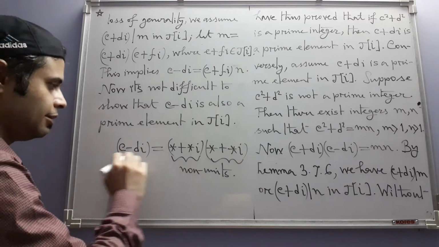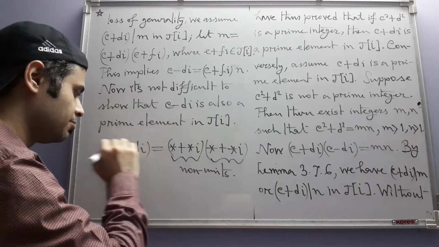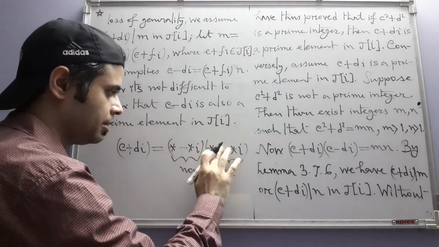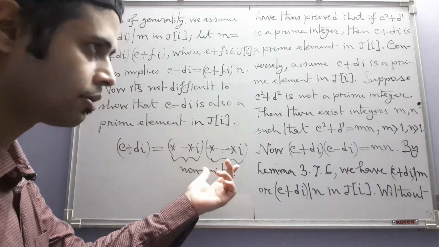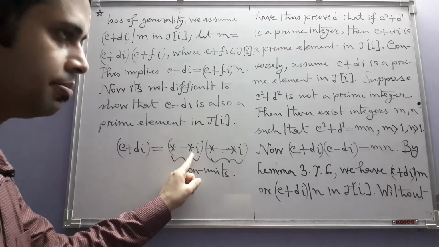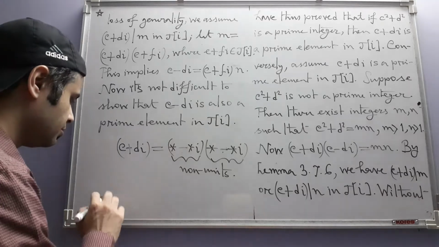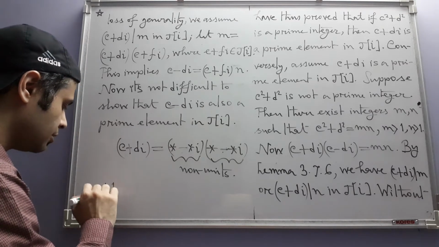Then if you take now complex conjugates on both sides, this will become C plus di, and these things will be like this. Note that because these are non-units, both of these real and imaginary parts are non-zero. Why? Because these are the only units, right?